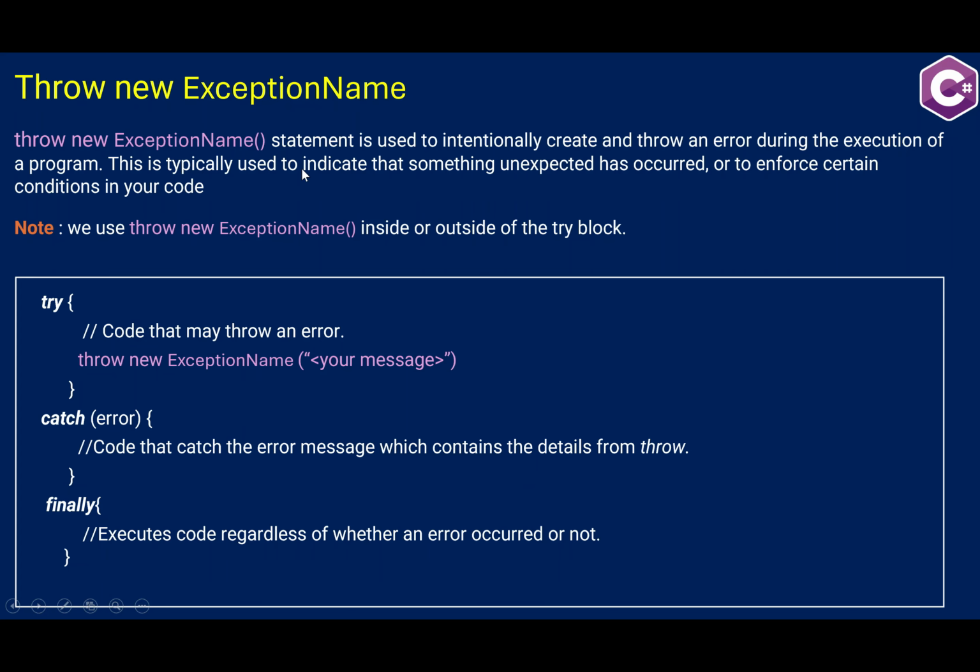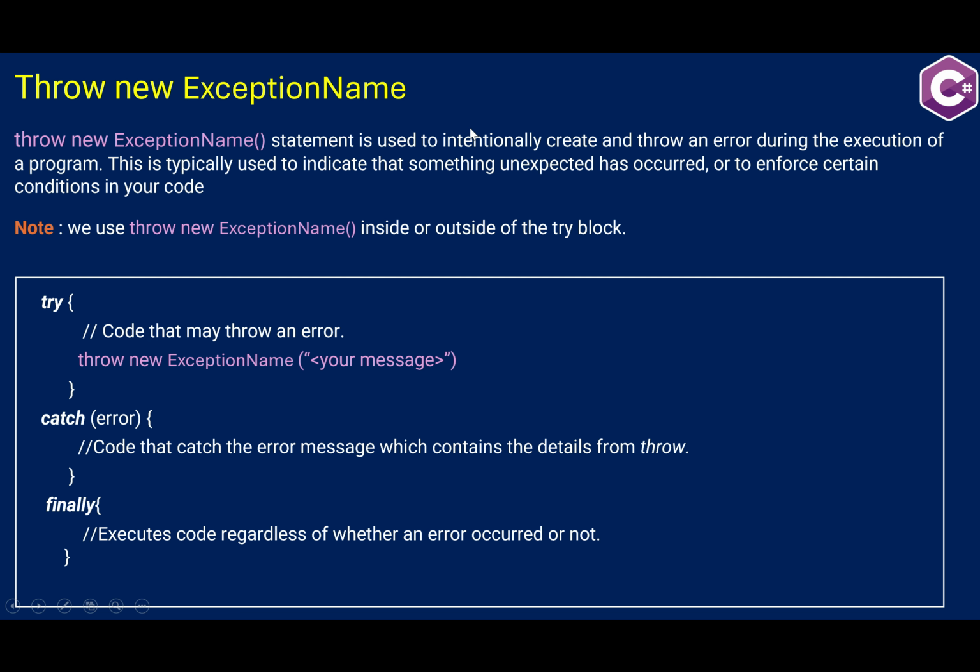So this is typically used to indicate that something unexpected has occurred, or if you want to enforce certain conditions in your code. I mean, if there is some logic which is happening unexpectedly, or your program is behaving unexpectedly, in that case, if you want to manually throw the exception, you can use this throw new along with the exception name reference.